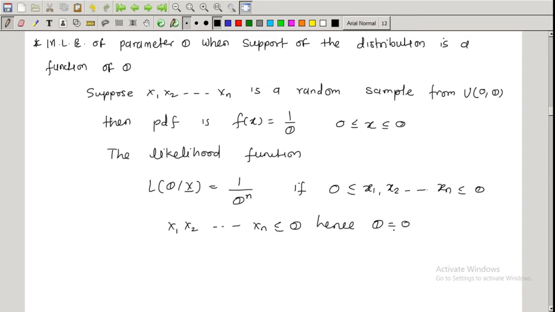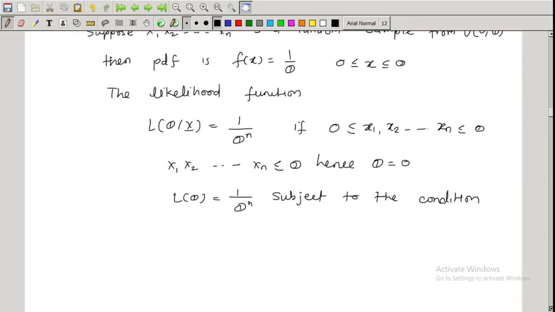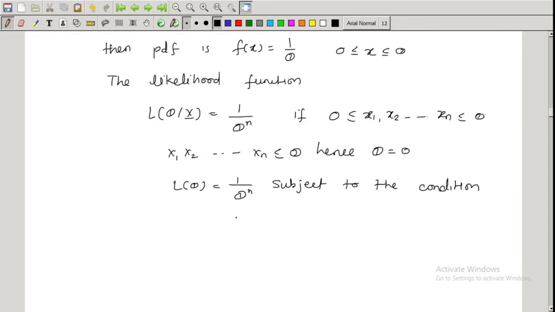So in other words, we have to maximize L of theta, which is equal to 1 upon theta raised to n, subject to the condition, so here we use the order statistics, subject to the condition x order 1 is less than equal to x order 2 is less than equal to x order n is less than equal to theta.